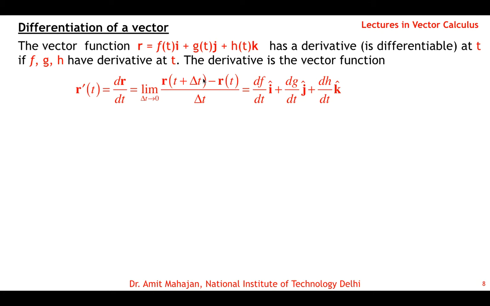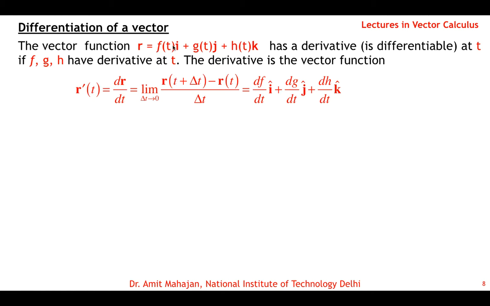Okay, and this divided by delta t, if delta t goes to 0 and this limit exists, then it will be the derivative of the vector function r with respect to t.